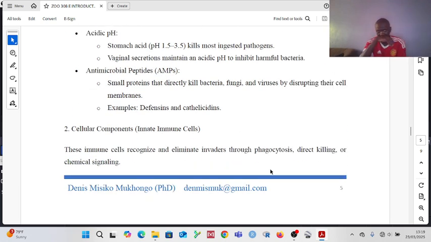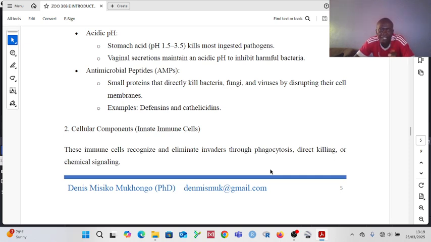The second component of the innate immune system are the cellular components, or the innate immune cells. So these immune cells, they recognize and eliminate invaders. So it is them to recognize. To recognize means they are able to identify.